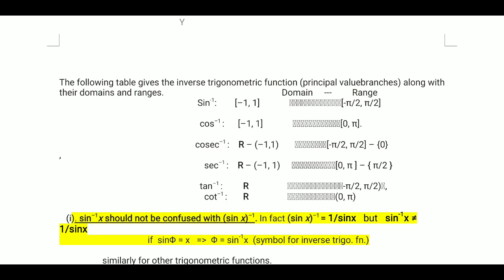And similarly, tan inverse function, domain is R and range is open interval -π/2 to π/2. And similarly, cot inverse function, domain R and range is 0 to pi.